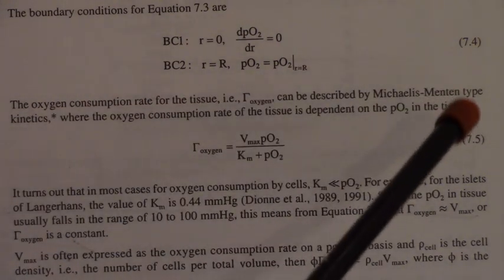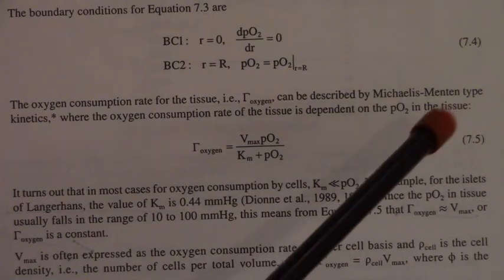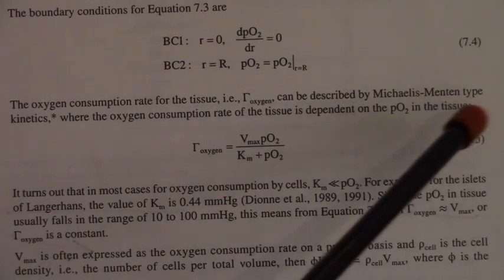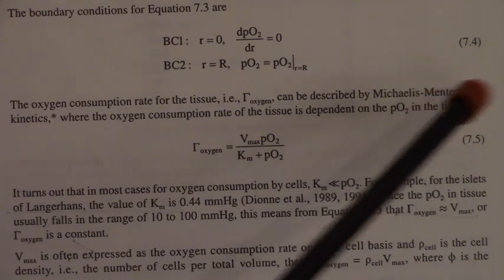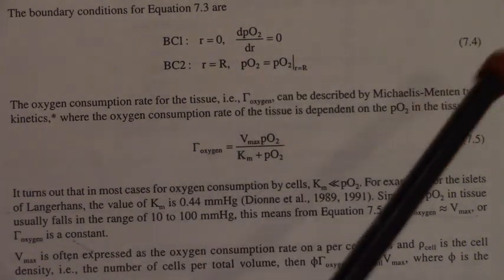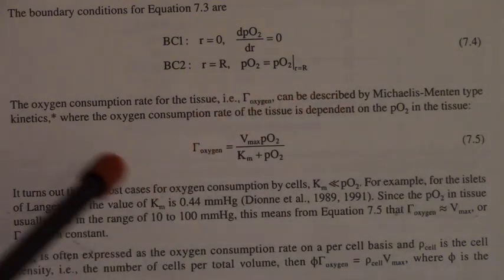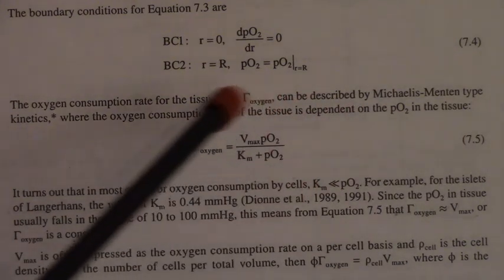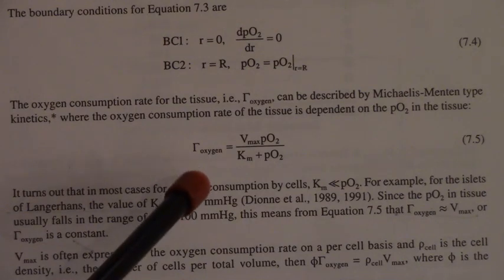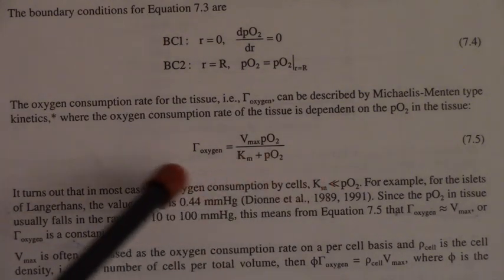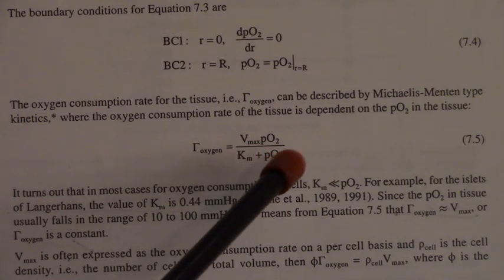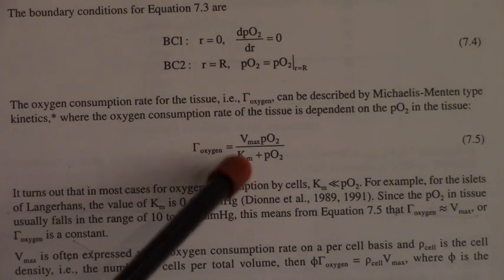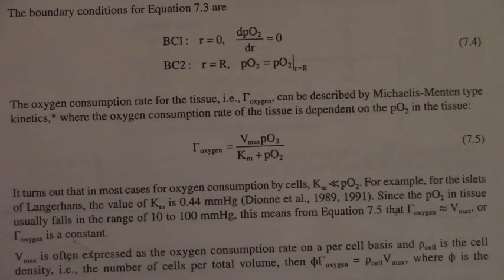You've seen Michaelis-Menten type kinetics in the bioprocessing lab when you talked about enzymes. If you take the biochemical engineering class in the fall, we'll spend quite a bit of time on Michaelis-Menten type kinetics for enzyme reactions. But in any case, you can write the reaction rate of oxygen in the cells like this right here. Vmax would be the maximum oxygen consumption rate when the PO2 level is large in comparison to the Michaelis constant Km.